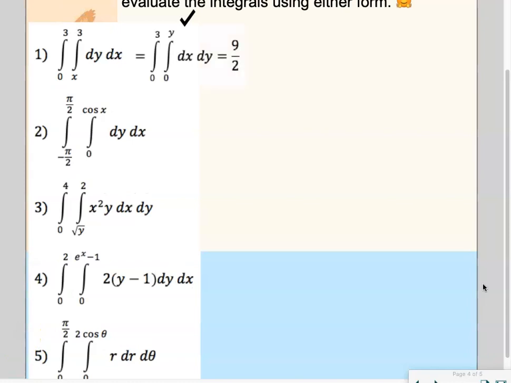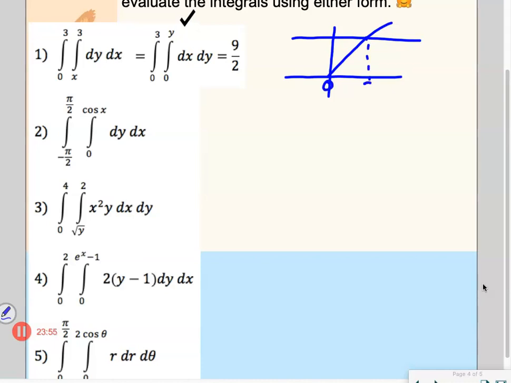So for our first one, I don't have a picture drawn. I'm going to quick draw a picture. You've got to be careful. Remember, this is y equals x. This is y equals 3. Your graph has to be in between all of these boundaries, right? I saw a lot of people saying, oh, my x goes from 0 to 3, and graphing down here.